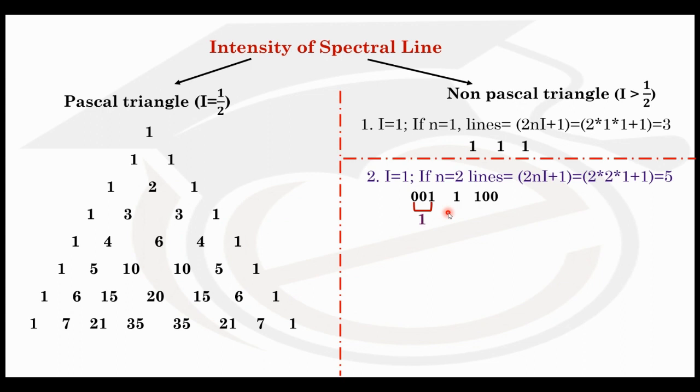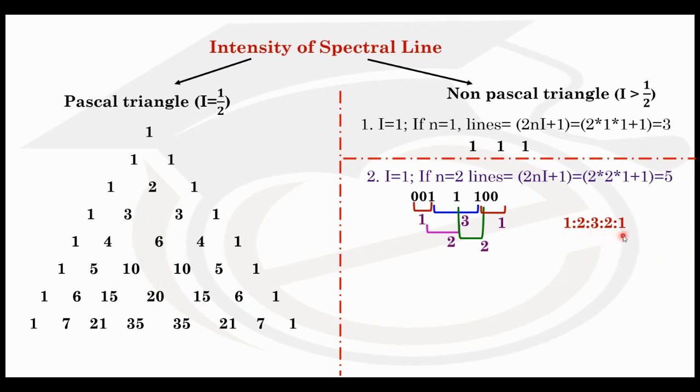Next, 0 plus 1 plus 1 is 2. Then 1 plus 1 plus 1 is 3. Next, 1 plus 1 plus 0 is 2. Then 1 plus 0 plus 0 is 1. So the intensity ratio will be 1:2:3:2:1.